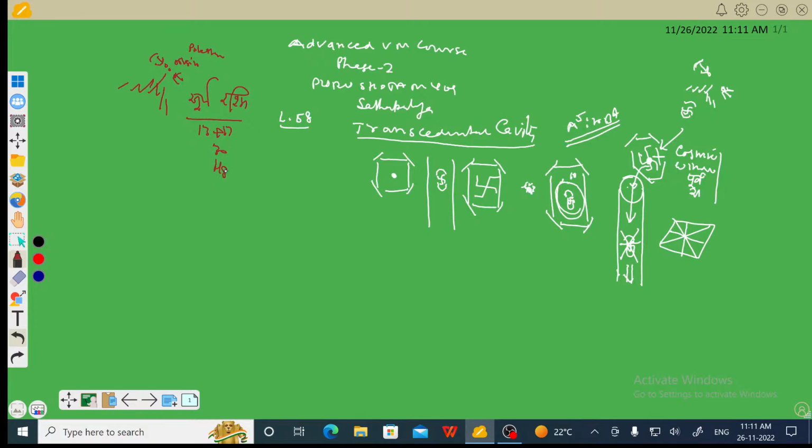So along the 8 directional frame, this is northeast corner, it is Agni cone, it is of value 30.